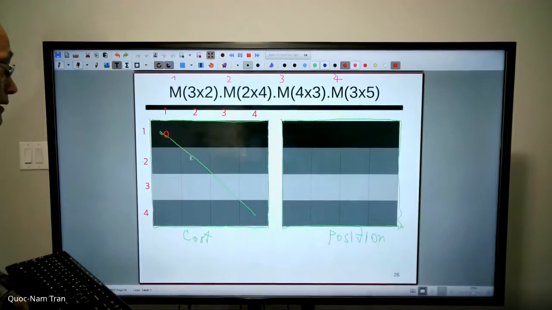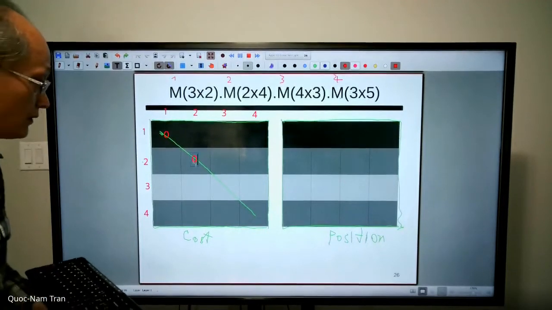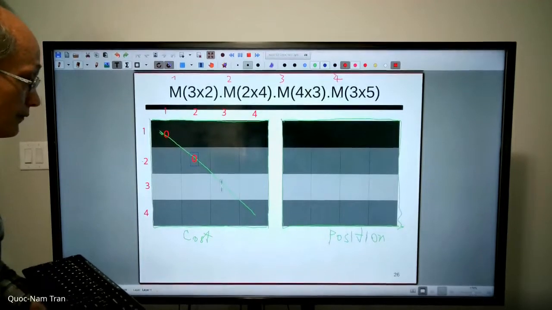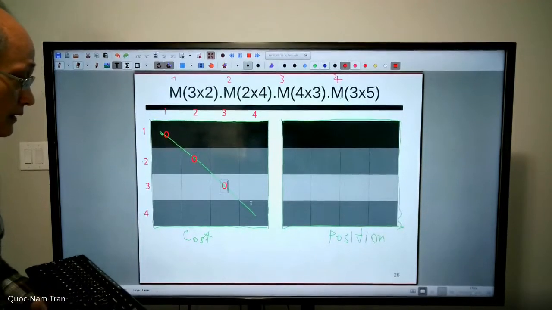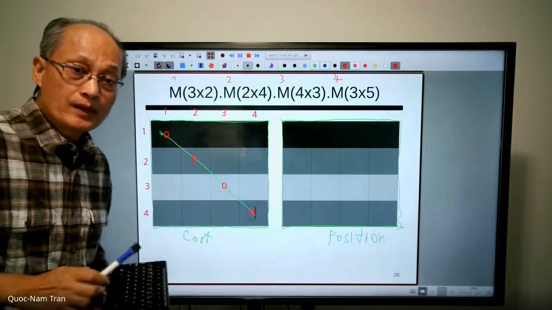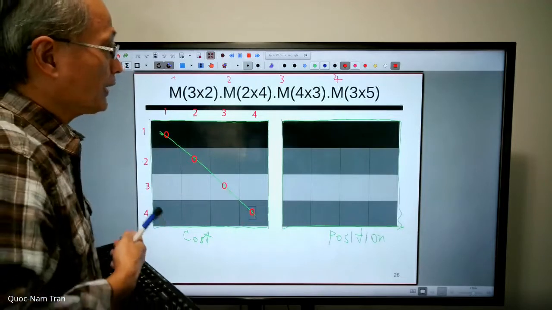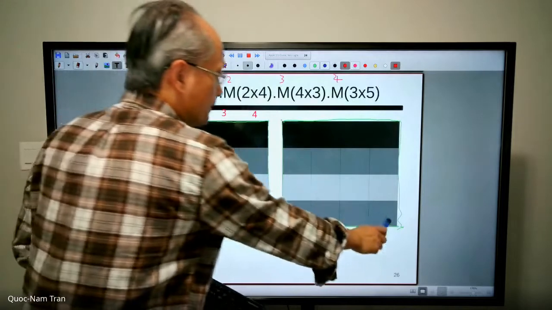Same thing, 2 to 2, the cost will also be 0. 3 to 3, 0, and then 4 to 4, 0. So basically, on the main diagonal, we have the cost of 0, right?